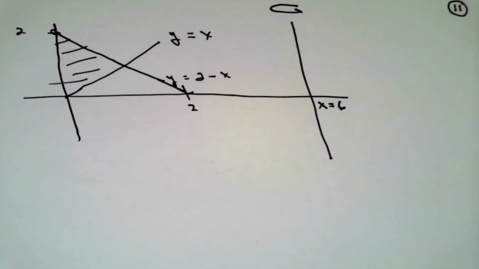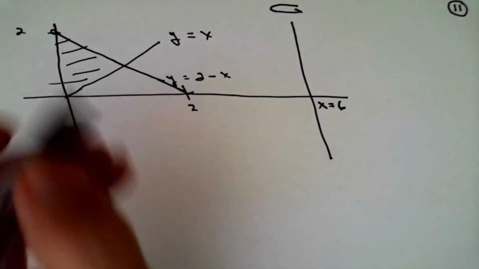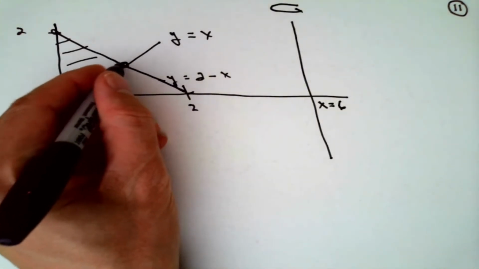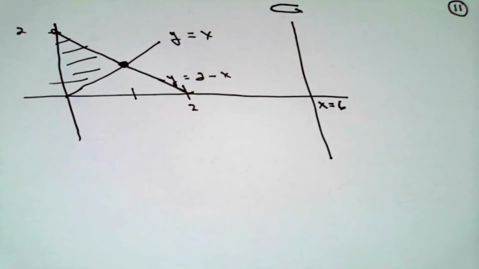The smallest x number in my region is 0. That's when you're on the y-axis. The biggest x number is going to be the x-coordinate of the intersection point. So I need to find an x number so that when I feed it into y equals x, and also feed it into y equals 2 minus x, I get the same answer.